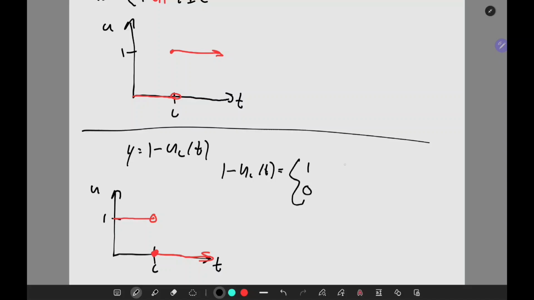This is from when t is greater than 1. And this is when t is greater than or equal to c. Wait.